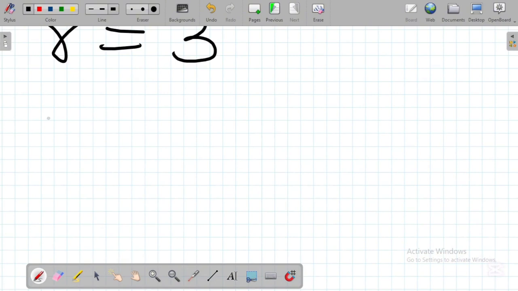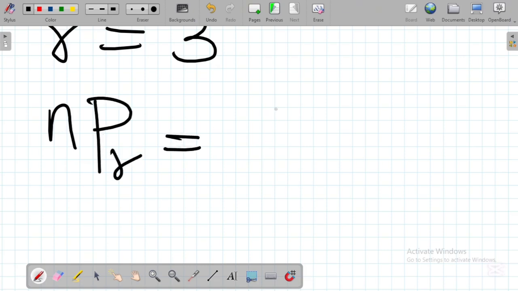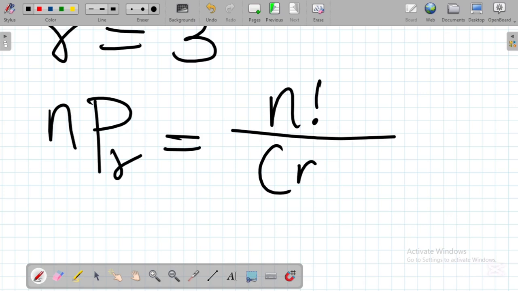So our next task is to write down the permutation formula, which is n permutation r is equal to n factorial all over n minus r and then factorial.